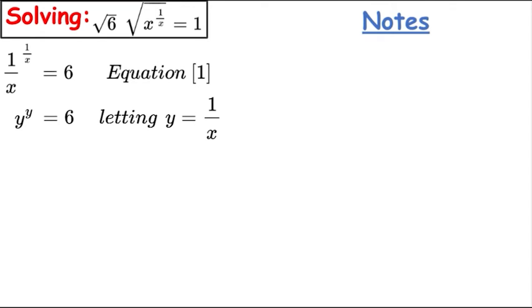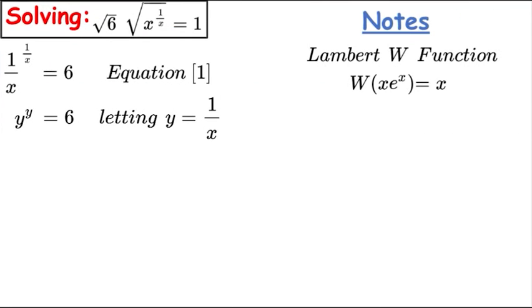So we're going to employ this Lambert W function to solve from this point onwards. So we have a combination where we have W of x by e to the power of x is equal to x. So we're going to format this into this Lambert W function format. So our first step will be to get the ln of both sides.